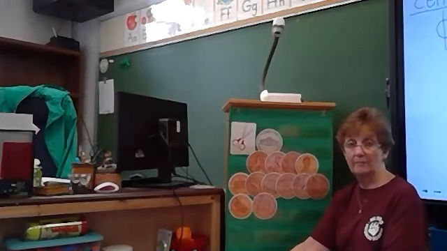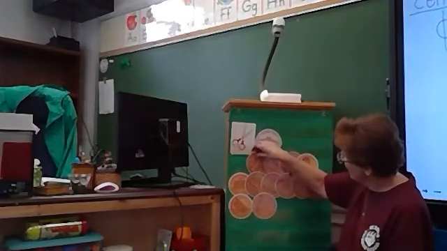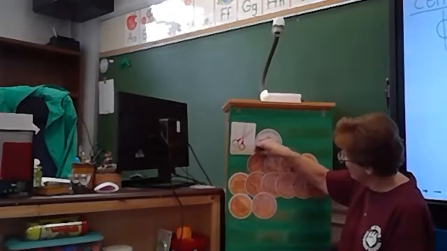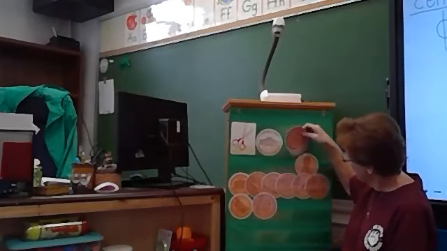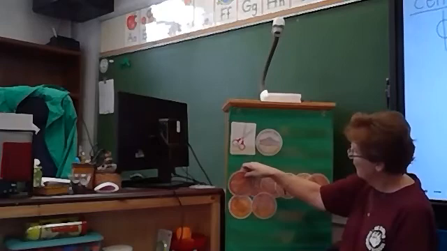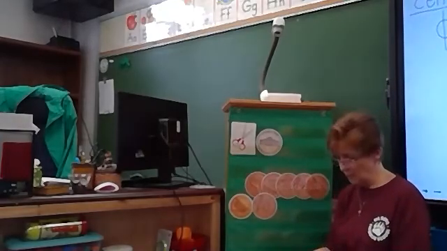What have we done a couple times now? That's right. I can get 5 pennies because they're worth 5 cents. 1 cent, 2 cents, 3 cents, 4 cents, 5 cents. Am I going to trade them in for another penny? No, of course not.